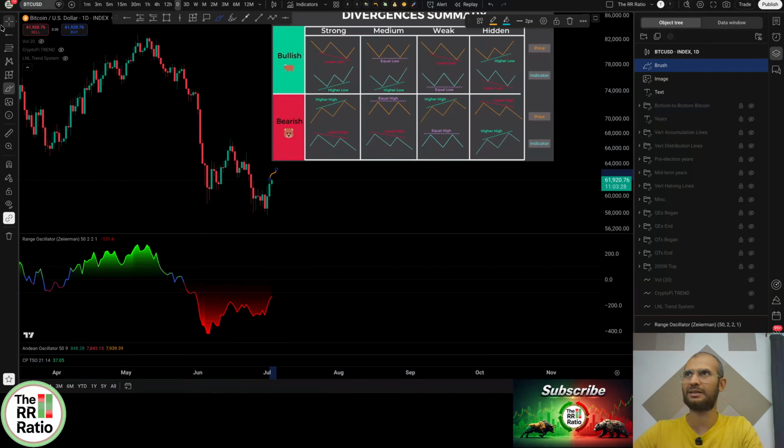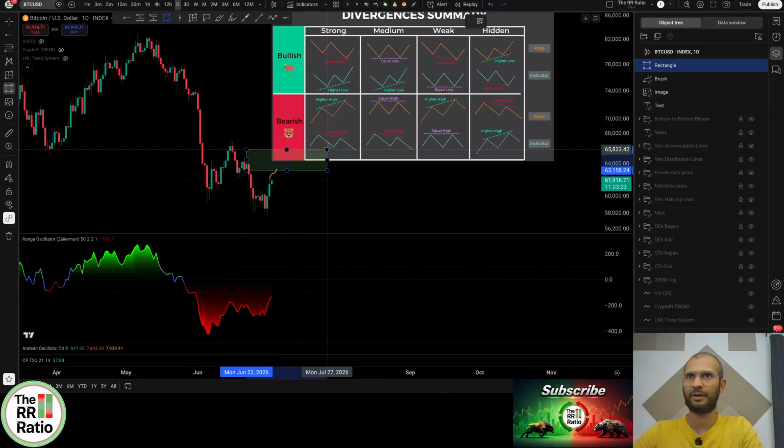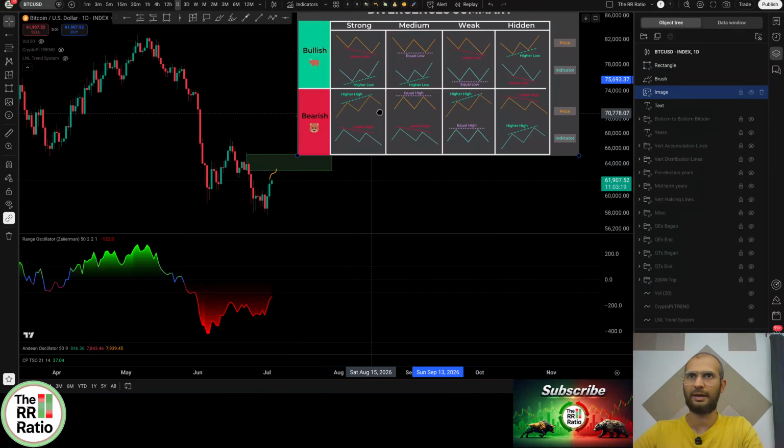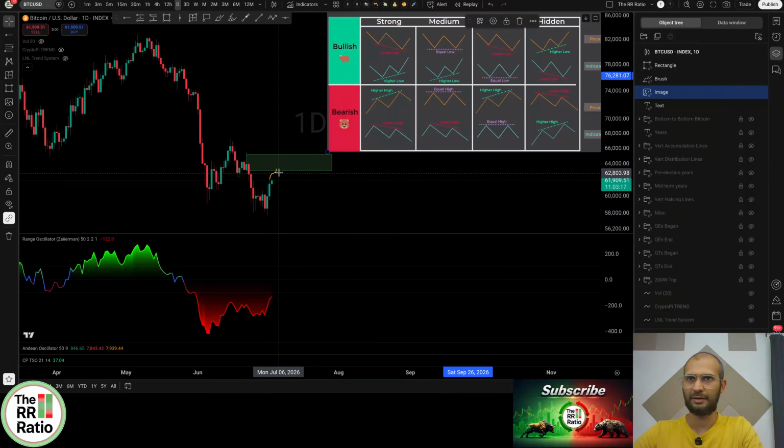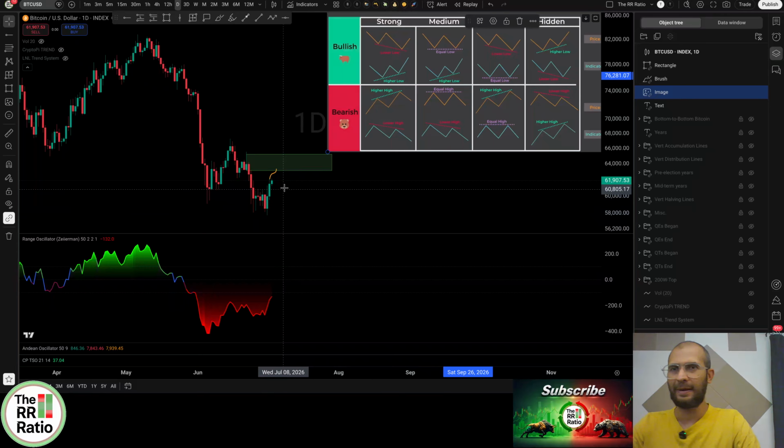It will still be under this order block, and then it would go back and continue its bearish trend. So we do see rallies usually in July, and that is quite typical for the bear market years.